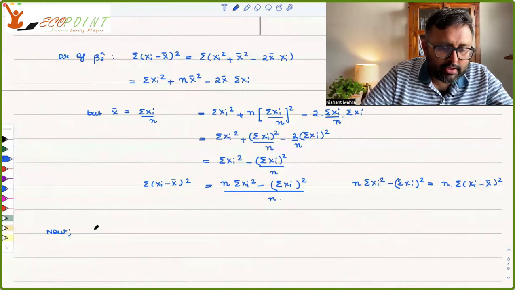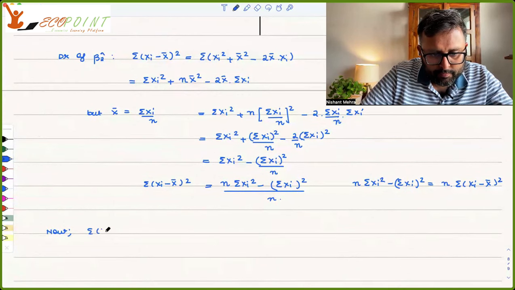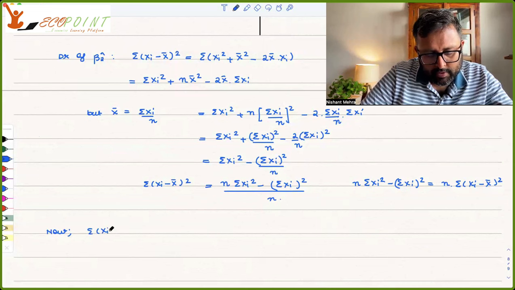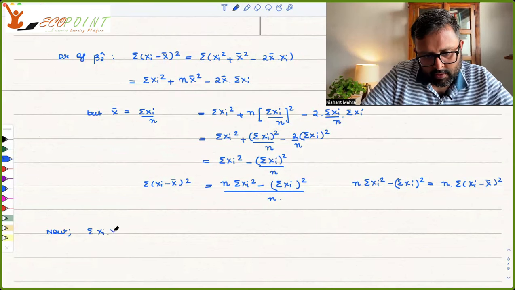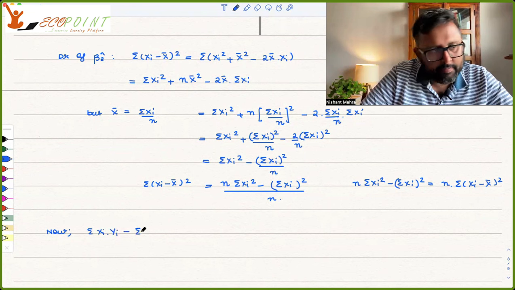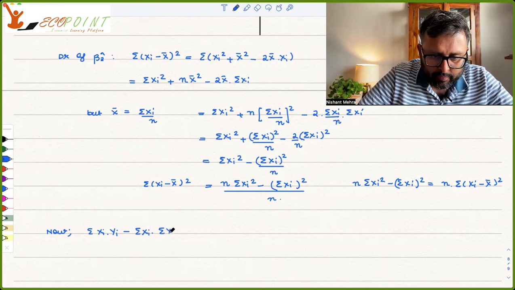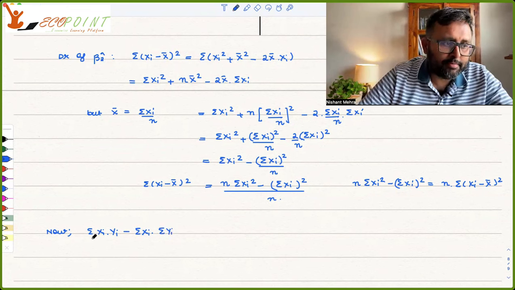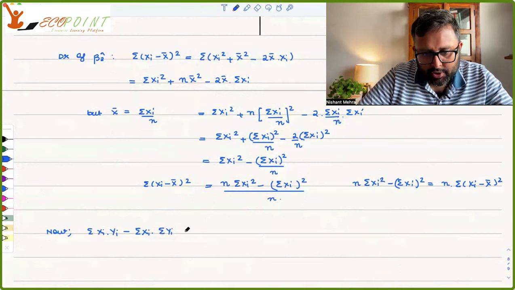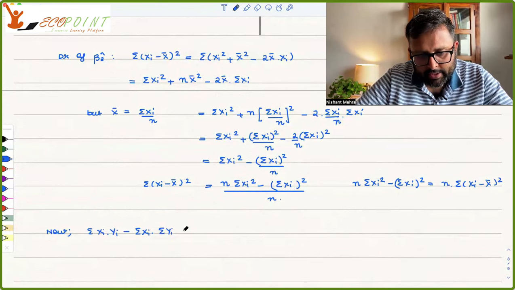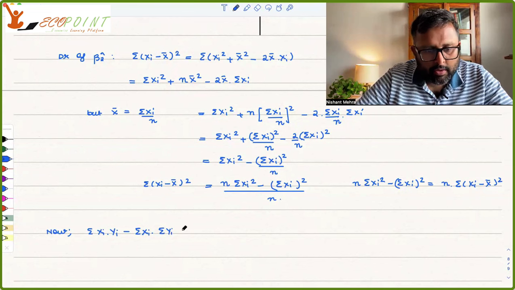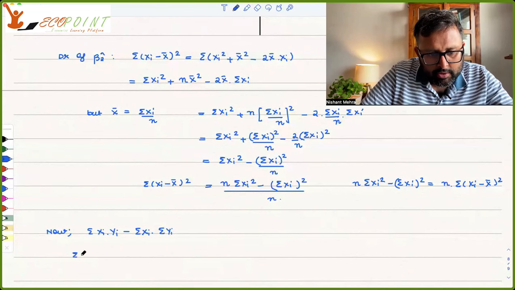So now can you open this up? Summation of xi yi minus summation of xi into summation of yi. Okay, now can I just use this?